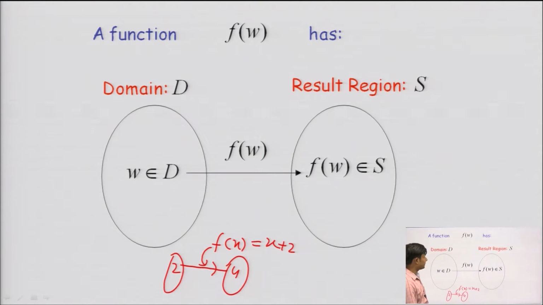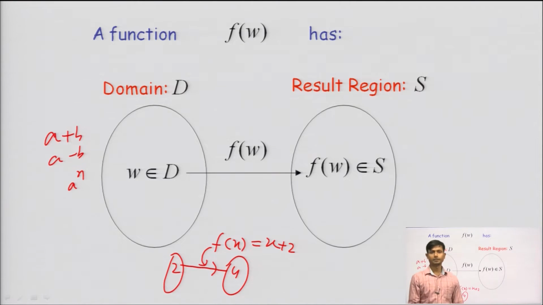How do we design this using a Turing machine? It is a little bit complicated. Whatever addition operation we have, like a plus b, a minus b, or a to the power n, many functions can be computed, and any computable function can be designed by Turing machines.